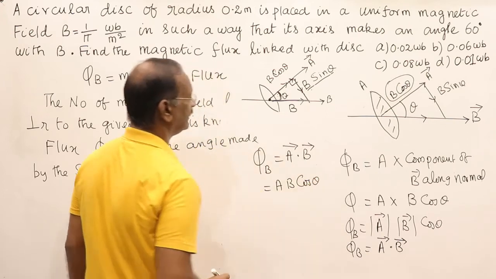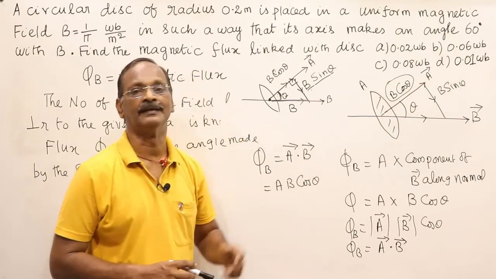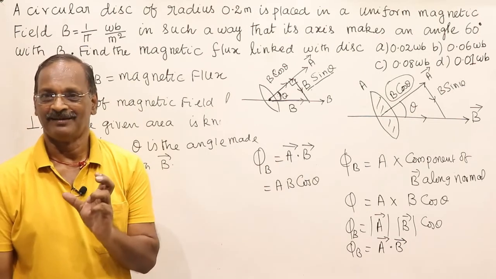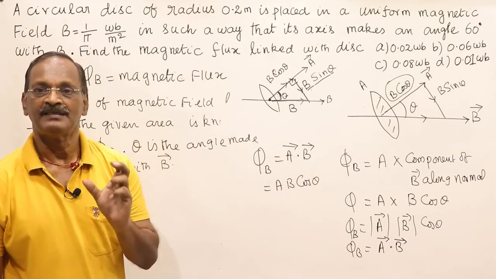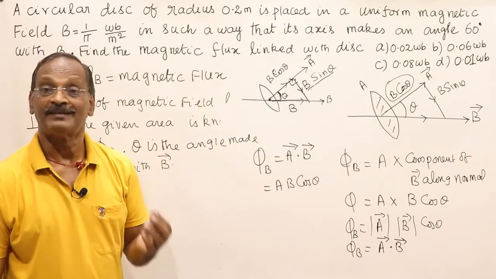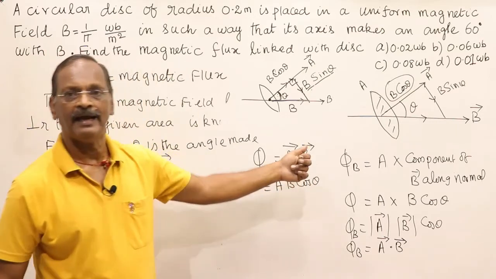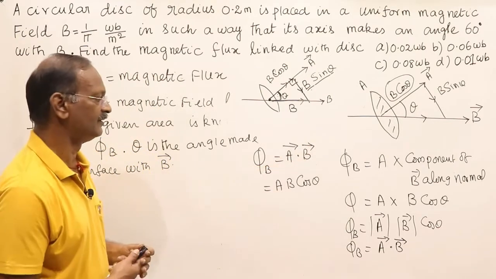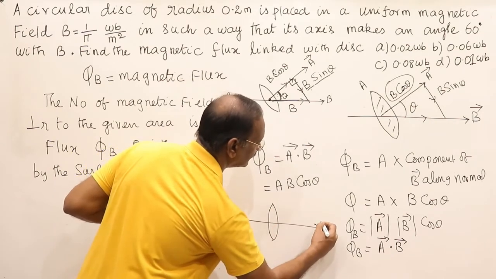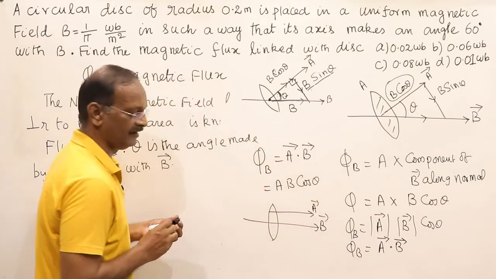See here, flux is a scalar quantity, because dot product of two vectors gives you a scalar. Therefore, magnetic flux through an area A is equal to the dot product of the area vector and the magnetic field vector B. Suppose the area is like this and this is the magnetic field, this is the B vector and this is also the area vector, because area vector is normal to the surface.